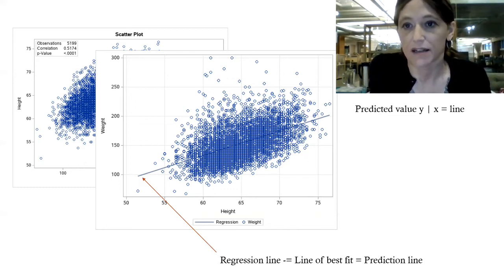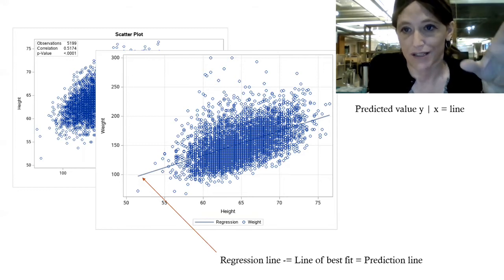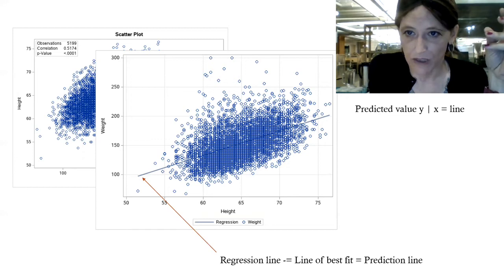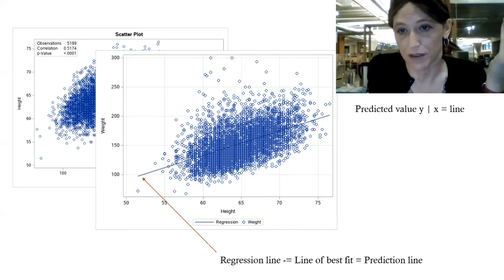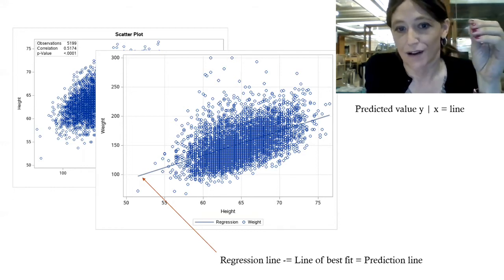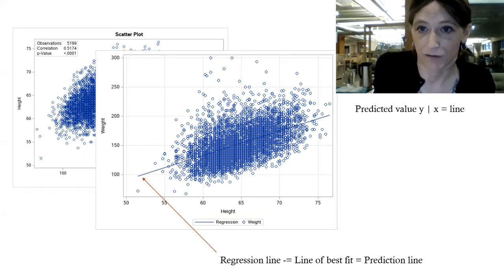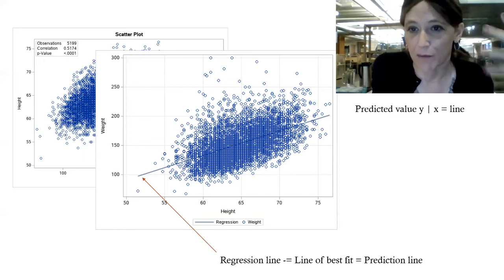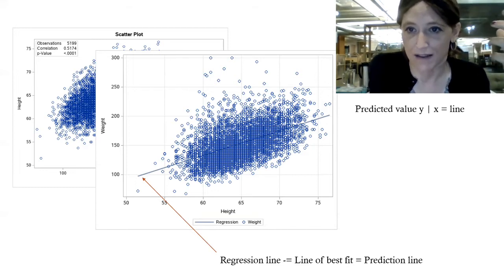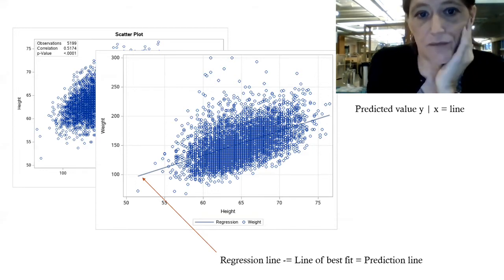Same thing applies here: we are trying to develop a model that fits our data so that we can predict what we would expect in terms of our inputs and our outputs, or in this case, for every increase in height, what would we expect in terms of weight based on our data? And the more data we have, the more refined this line can become, or the more accurate it can become.